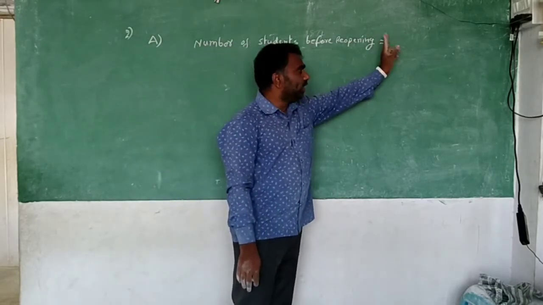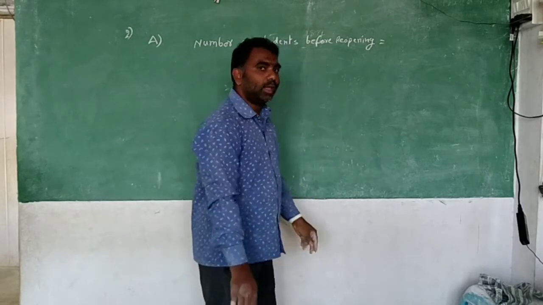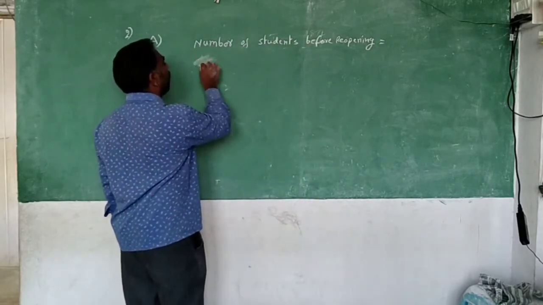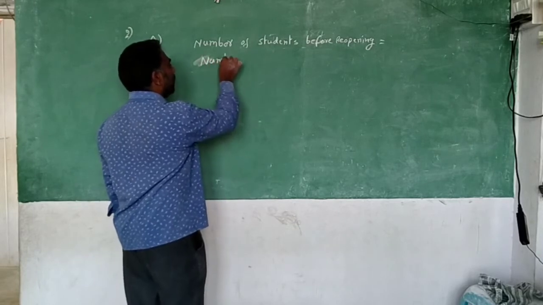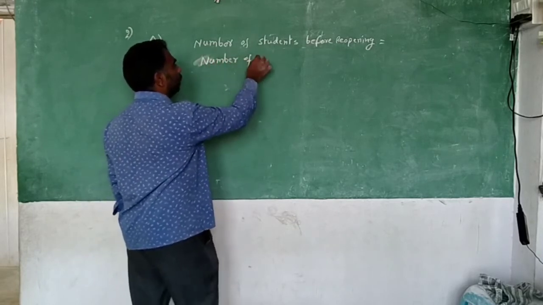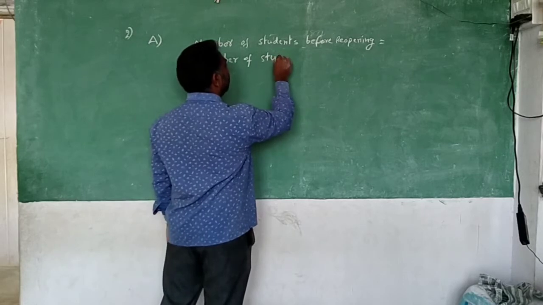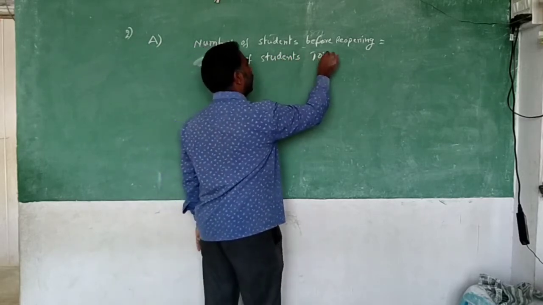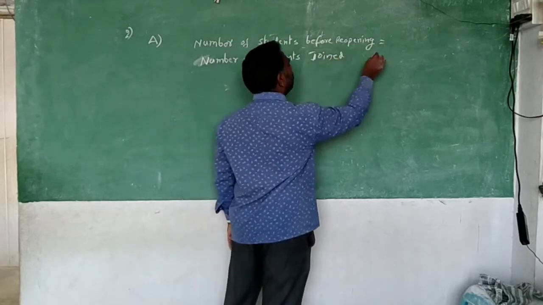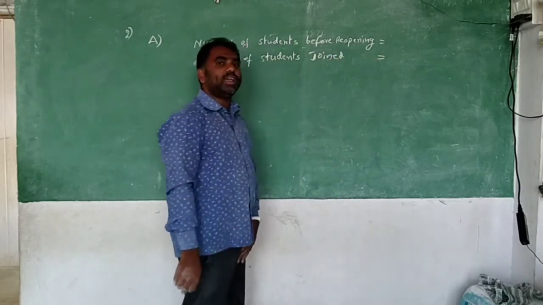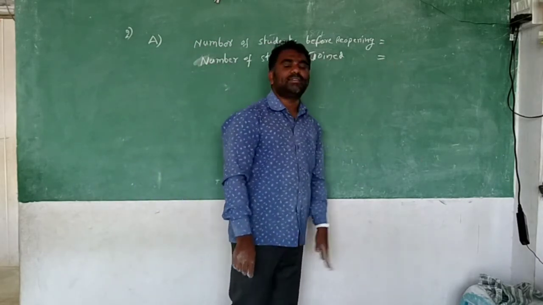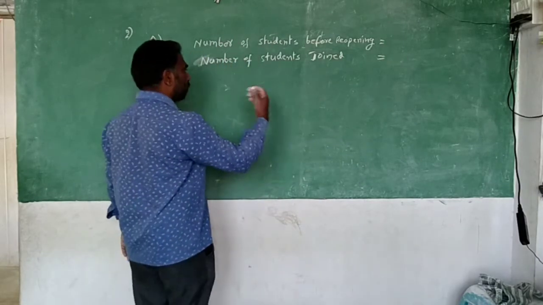You only have to think and write how many were there. Okay, next, what do you know? Some students joined there. So that only I am writing here. Number of students joined. How many students joined after the holidays? Yes, 67. You will write 67 here. Then what are you going to find now?